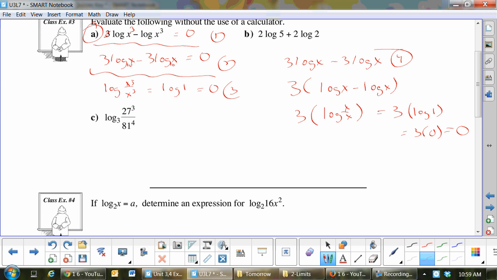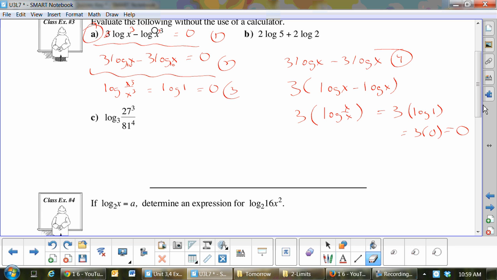Okay, what do you want to do? Yeah. So you did three, so it's x to the third, and then you have a negative 1 in front on both, and with the subtraction and the negative, it ends up being positive, so you have positive 1 log x to the third. You wanted to bring that negative up there? Is that what you wanted? You took that, you flipped it.